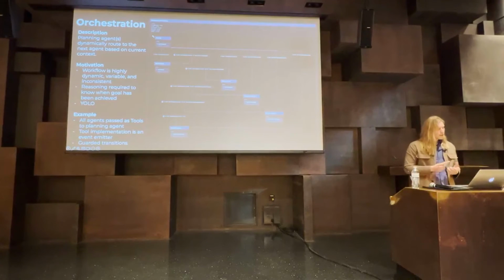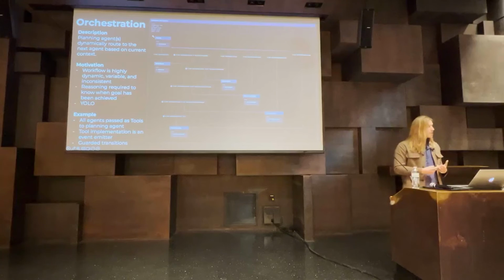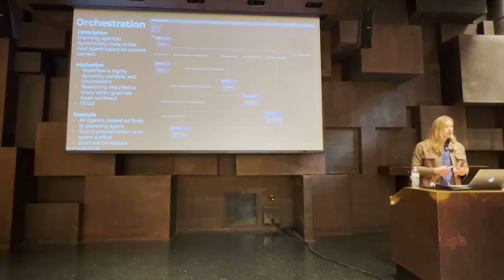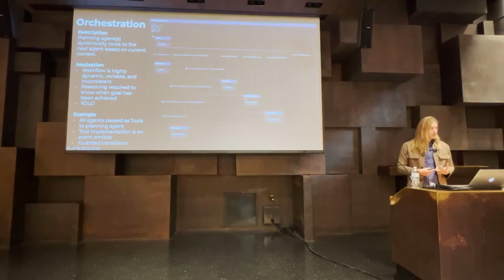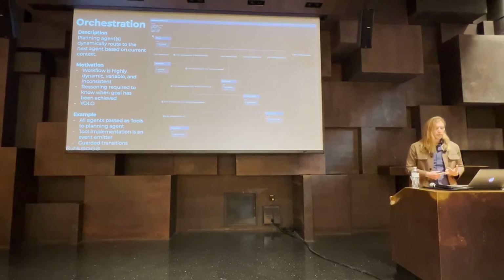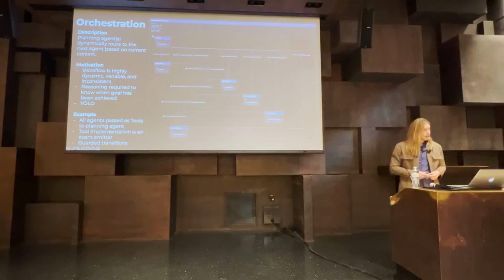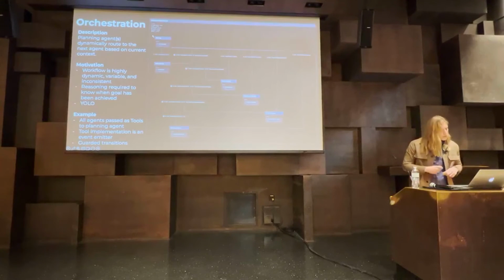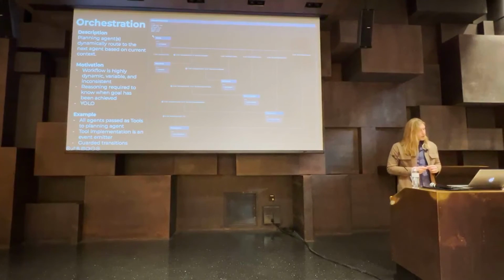So if your workflow is highly dynamic, variable, inconsistent, if reasoning is required to determine whether your goal has actually been achieved, or you only live once, so you may as well have some fun along the way.